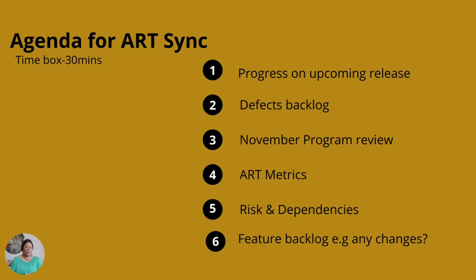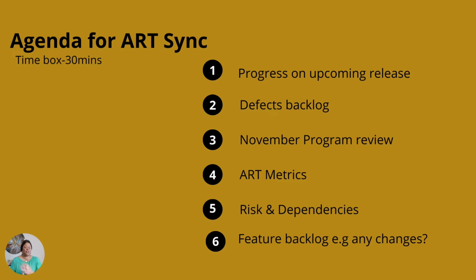Back to today's topic. The question is, how do you run your AdSync? I came up with this template. If I have a program review upcoming, I would usually add the program review into the AdSync so that we can all talk about what needs to be done.